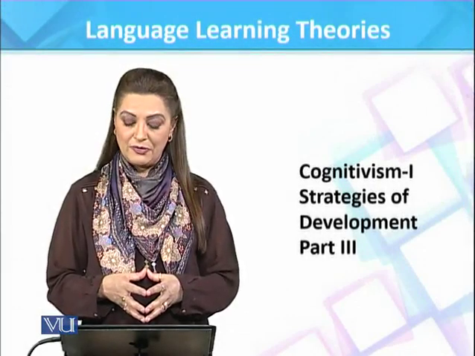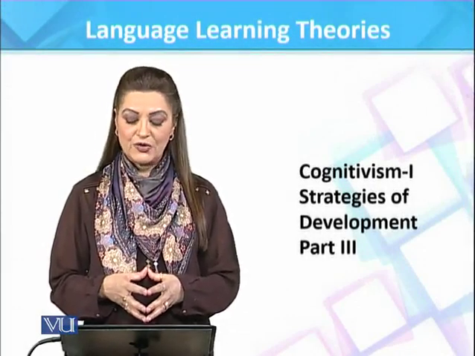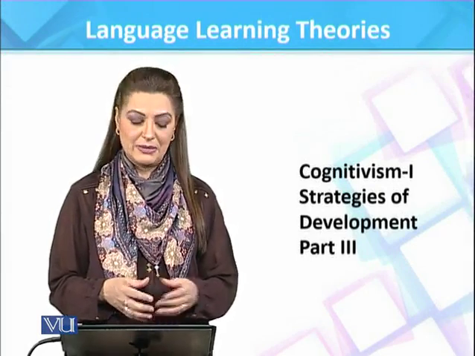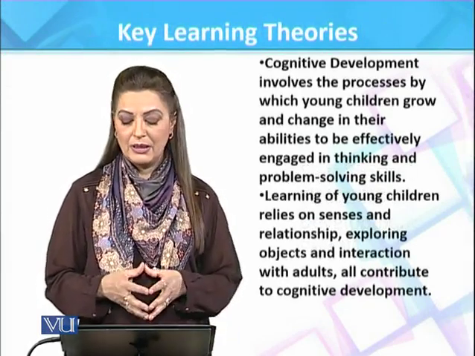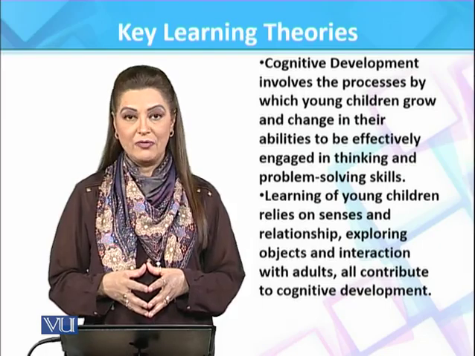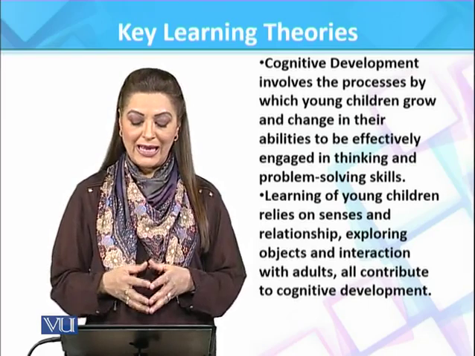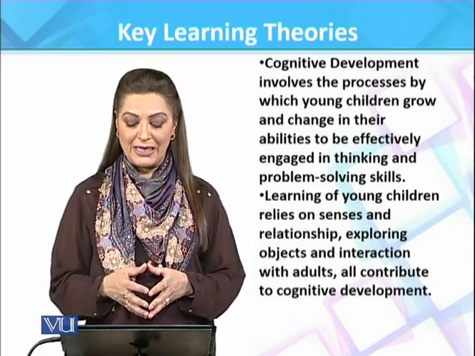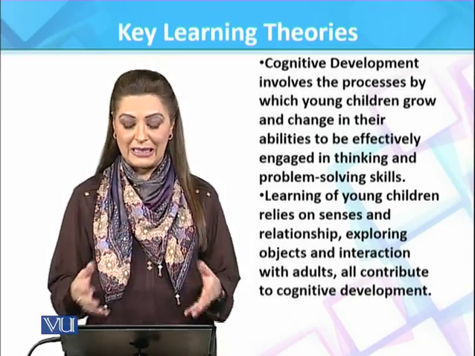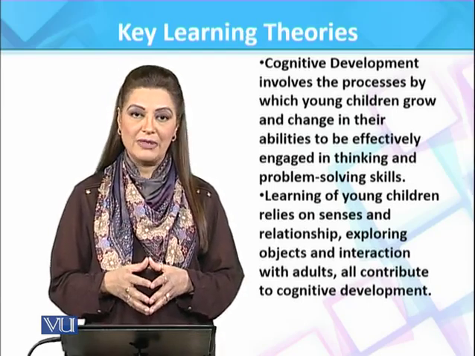The third part of cognitivism is strategies of development. Cognitive development involves the processes by which young children grow and change in their abilities to be effectively engaged in thinking and problem-solving skills.